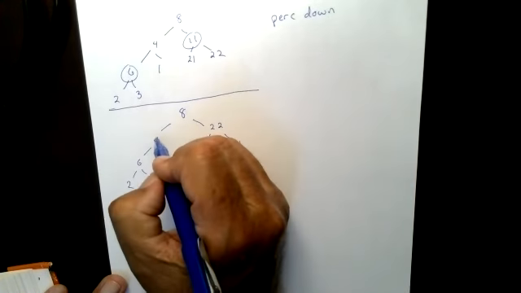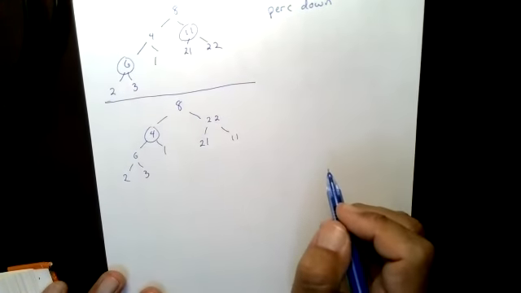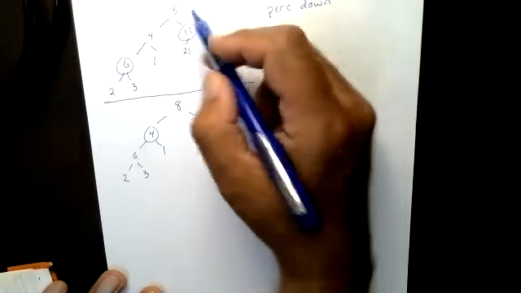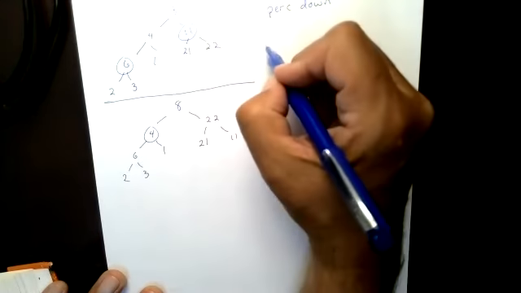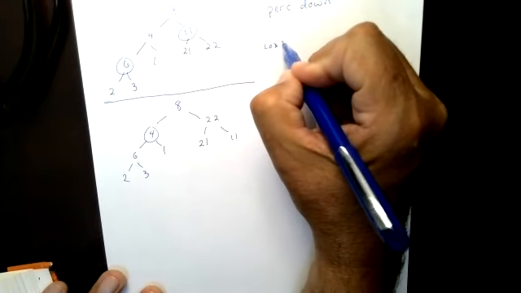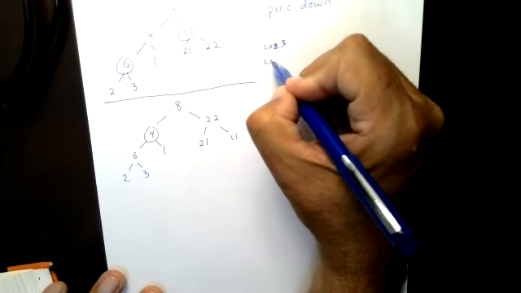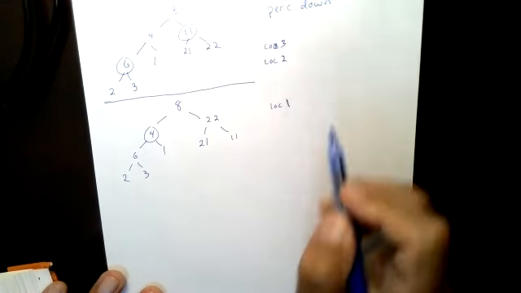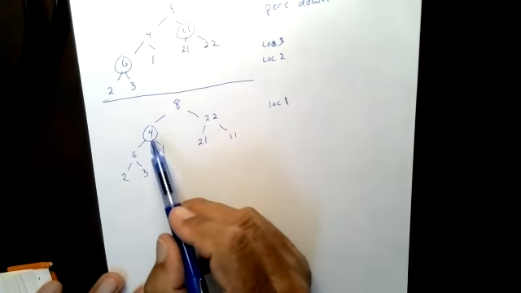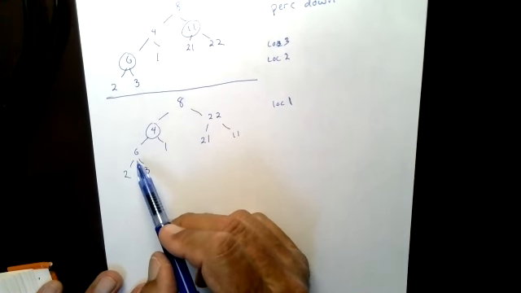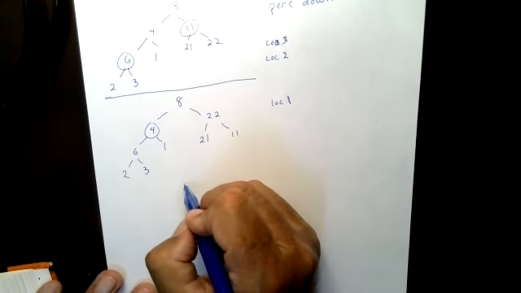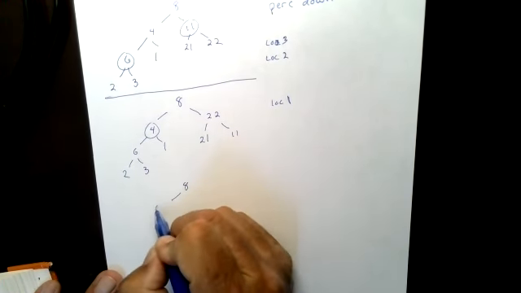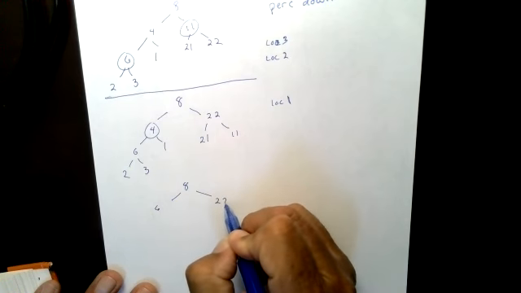My next location is here. I could be tracking all this: 1, 0, 1, 2, 3. I checked location 3. I checked location 2. I'm now checking location 1. I'm percolating down. It's going to switch with the 6. And it looks like that's about it. 8, 6, 22.